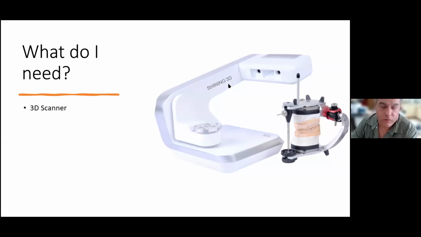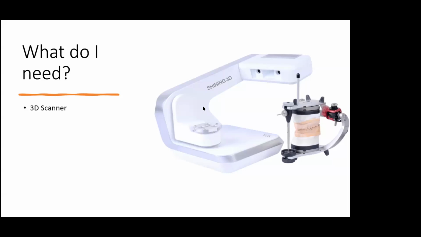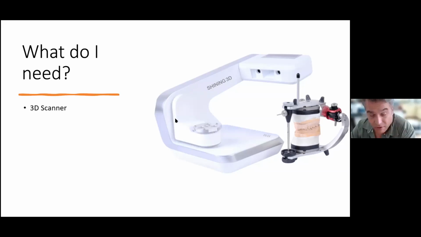We need definitely a scanner. If you don't have a scanner, you cannot do digital. But maybe your dentist has one and you send your files, then you definitely need a CAD software. And of course, you need an internet connection. You need later a CAM software to transform our designs into the machine language so our mill or printer can put this file into the real world.